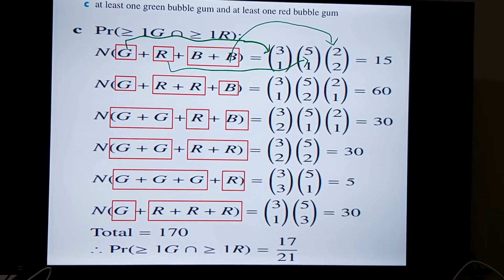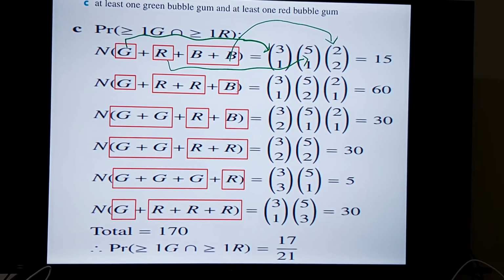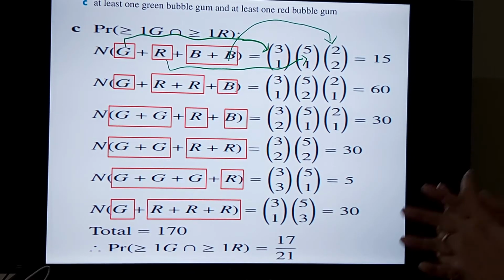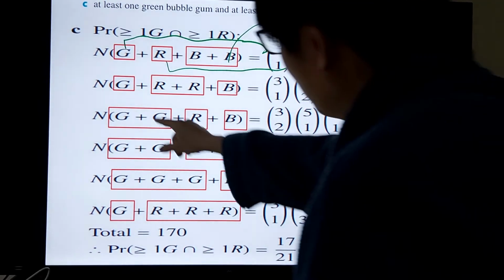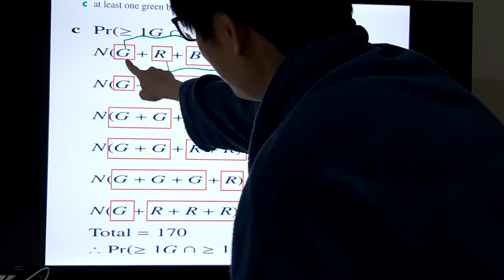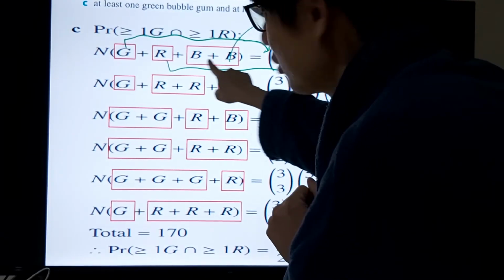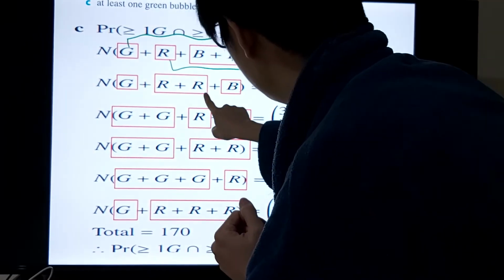Now, C, the criteria is at least 1 green and at least 1 red. So these are the 6 possible combinations. At least 1 green, right? And 1 green, 1 red, so the other 2 blue. 1 green, 2 red, 1 blue.